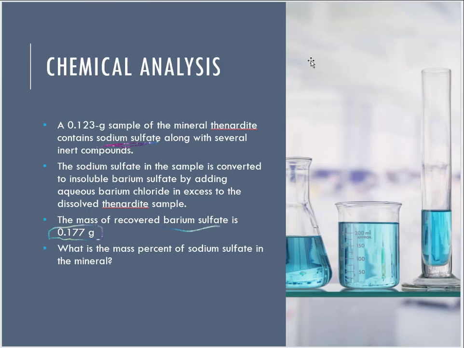So we know how much barium sulfate is recovered. We want to know the mass percent of the sodium sulfate in the mineral. So we're assuming that all of the sodium sulfate that we started with was converted to the barium sulfate.